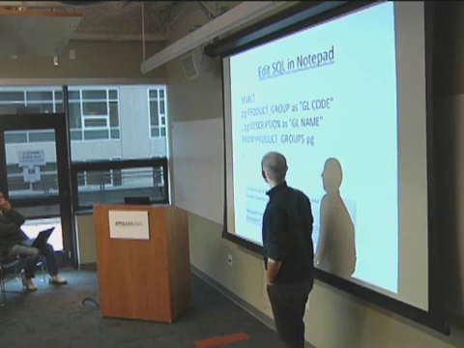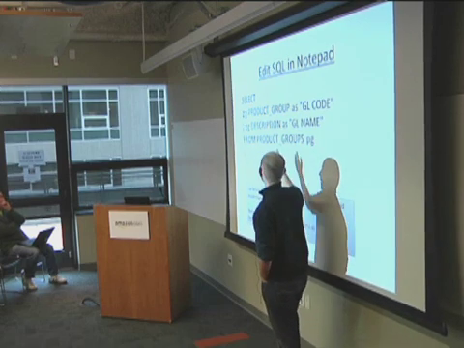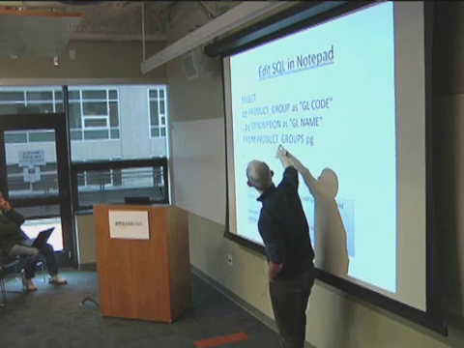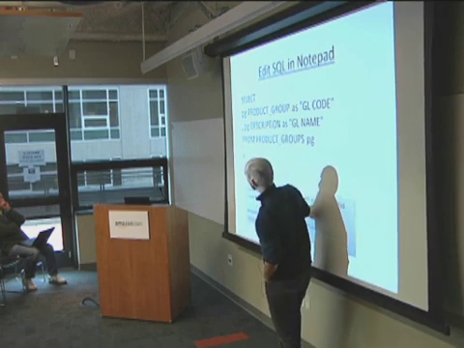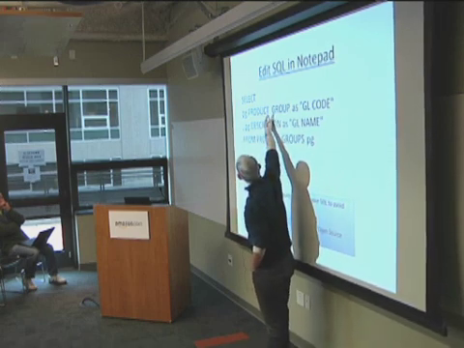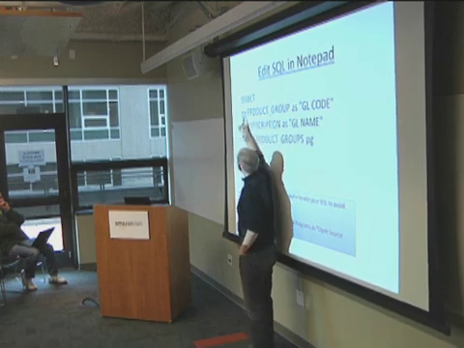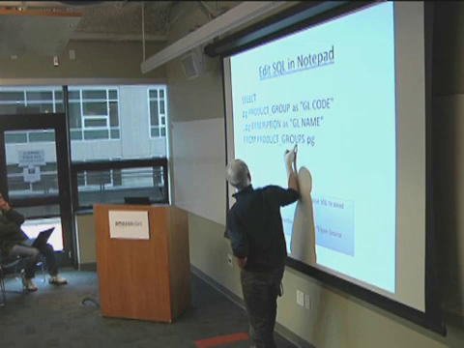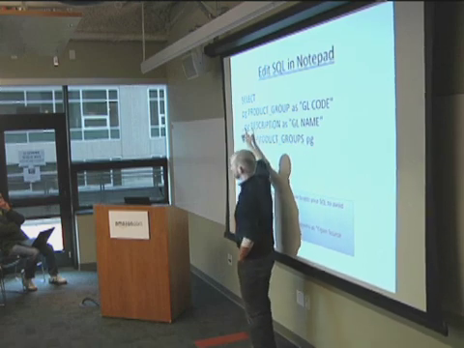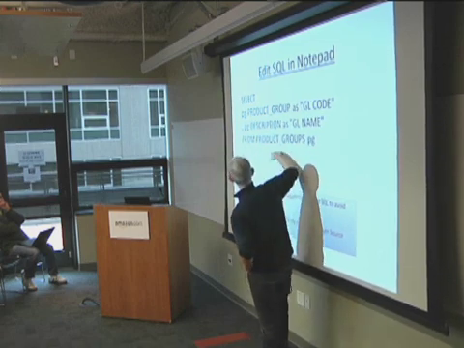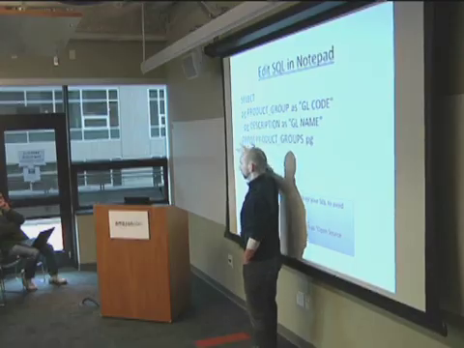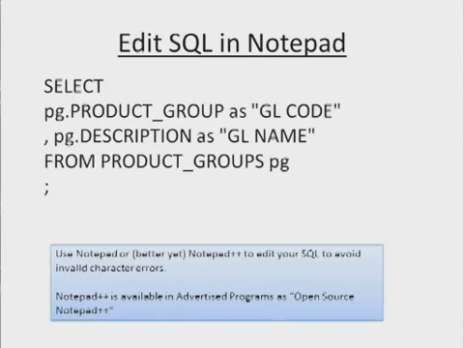And product group is a column within product groups, so it is slightly different. This is our first column, product group, and this is our second column, description. We're just saying this column is from the table PG, as well as this one. But if we had multiple tables, there could be multiple different table aliases at work there.